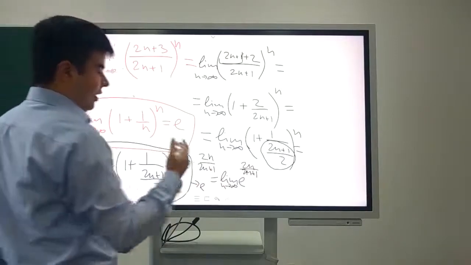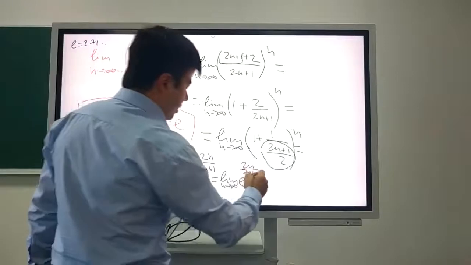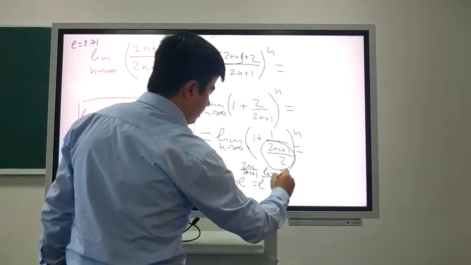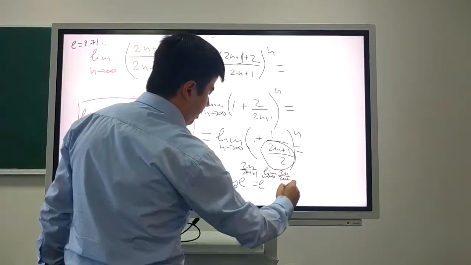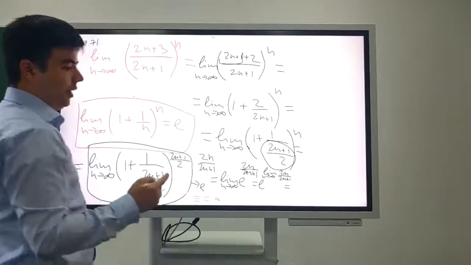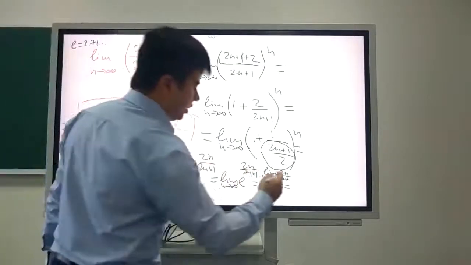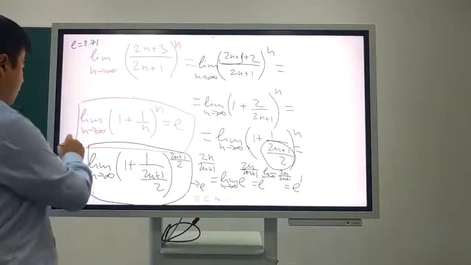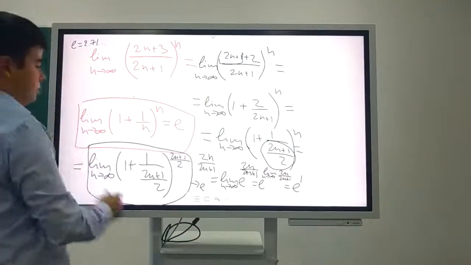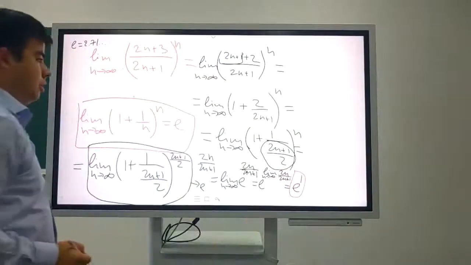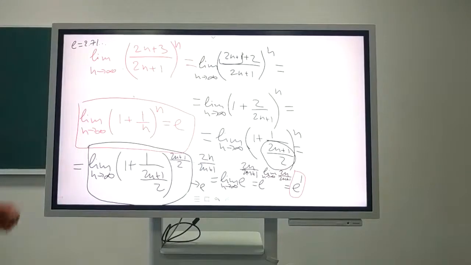So it is e to the power of the limit as n tends to infinity of 2n over 2n plus 1, which gives 1. So it is just e to the power of 1, or just e. The answer of this limit is e.